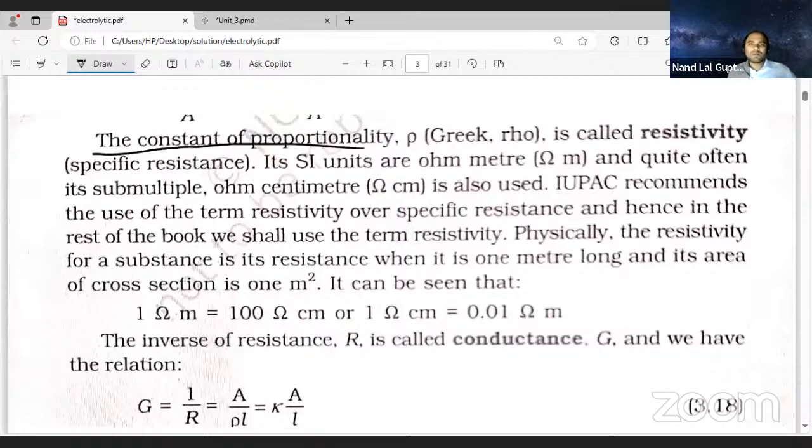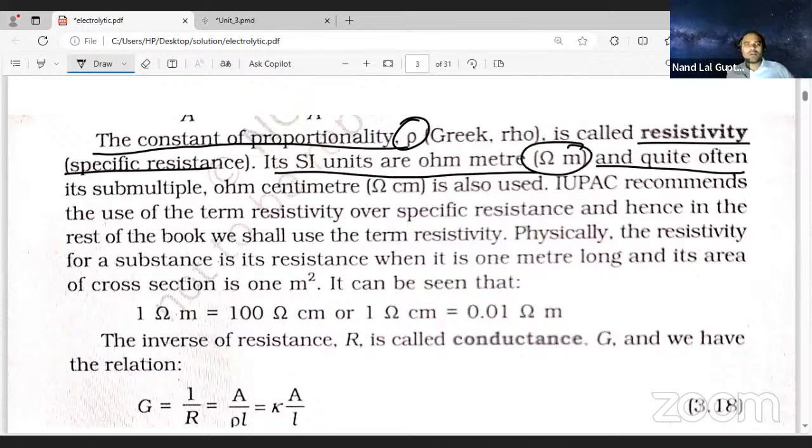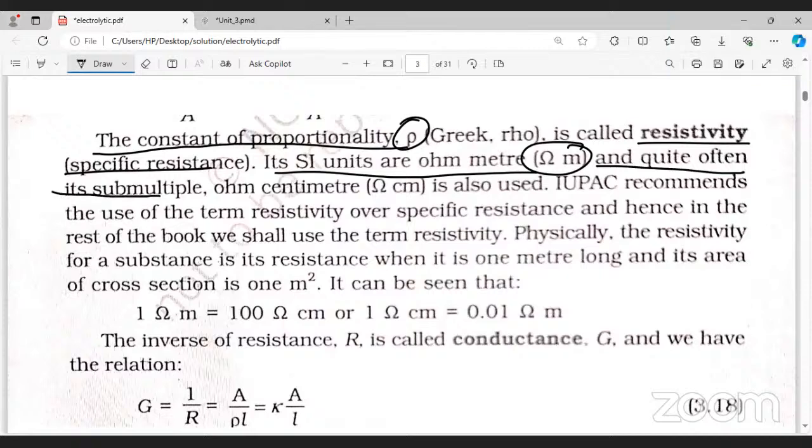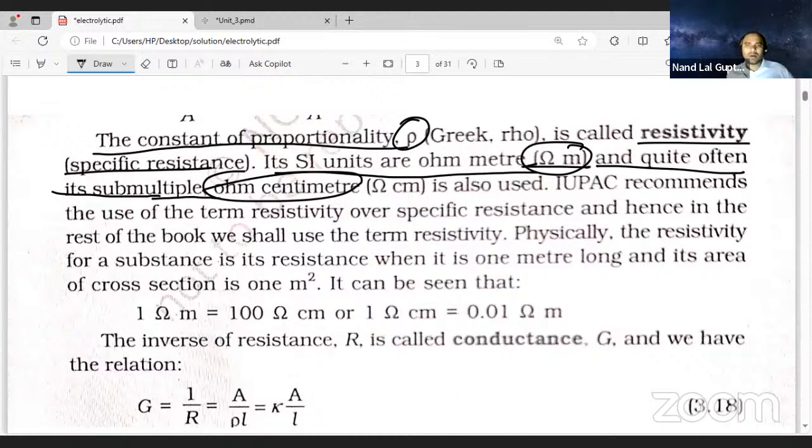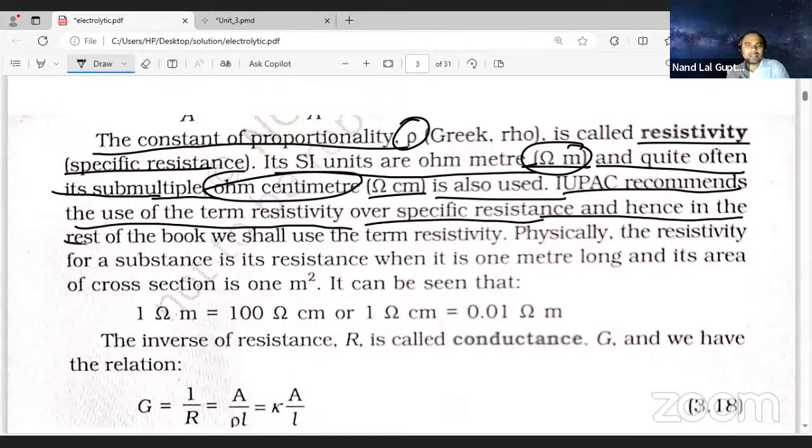The constant of proportionality, rho, is called resistivity. Either you can say specific resistance. Its SI unit is ohm meter or ohm centimeter, and quite often the submultiple ohm centimeter is used. In IUPAC nomenclature, the use of the term resistivity is recommended over specific resistance, and hence in the rest of the book we shall use the term resistivity.